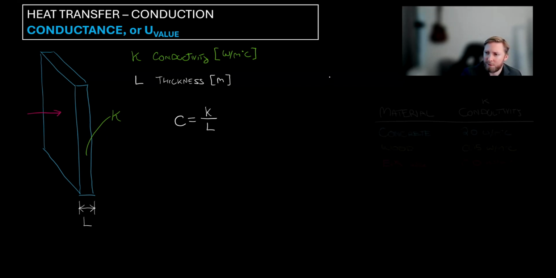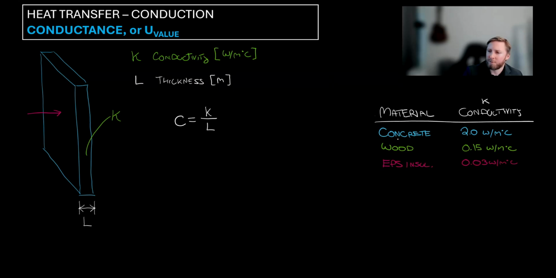Let's take a look at concrete, for example. Concrete has a thermal conductivity of 2.0 watts per meter per degree Celsius. I can plug this in to find my conductance. I'm going to put 2.0 watts per meter per degree Celsius and divide that by the thickness.